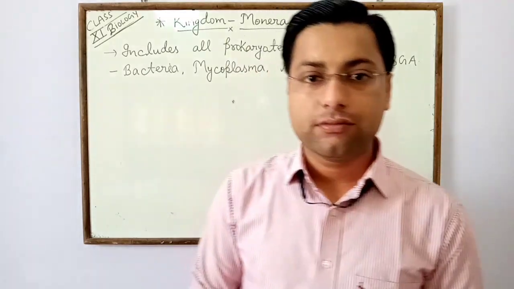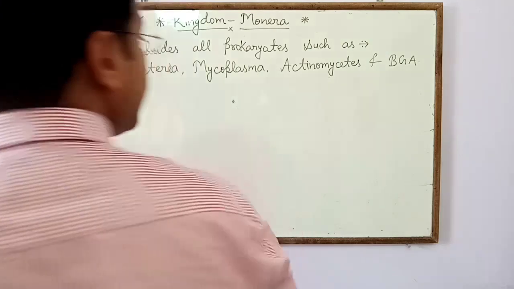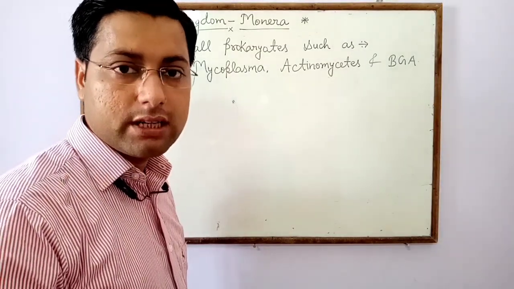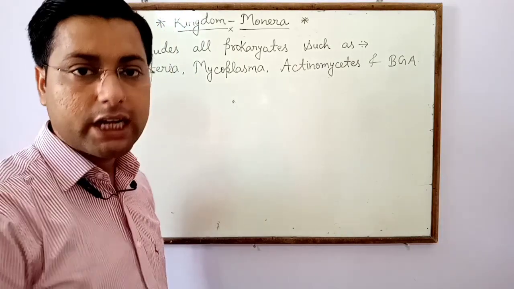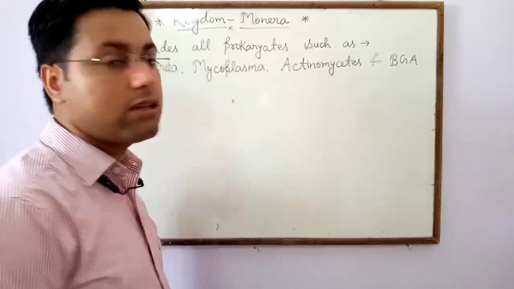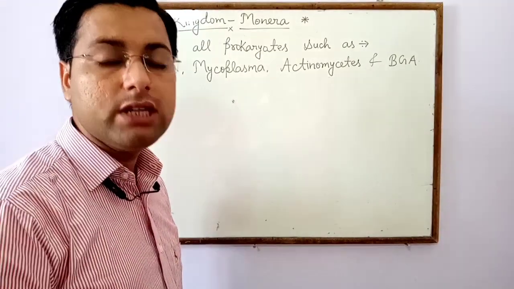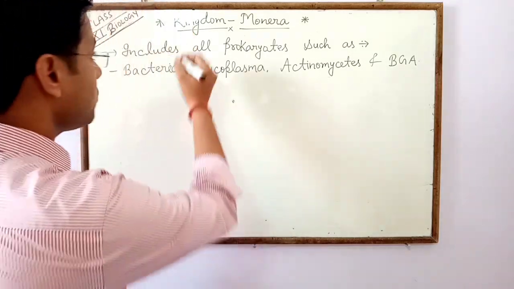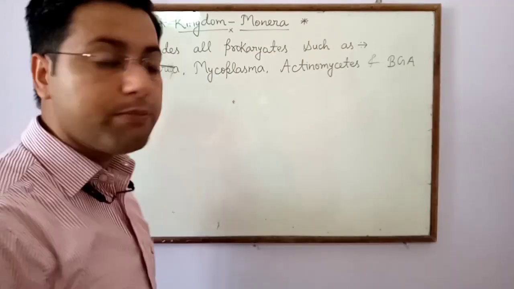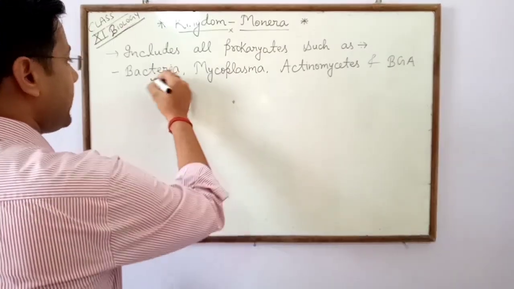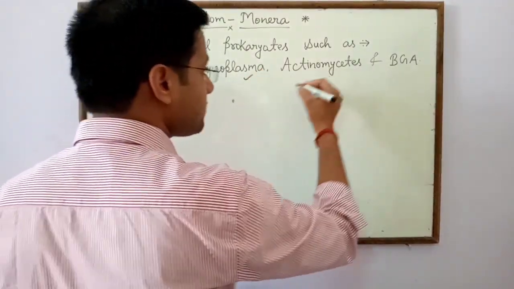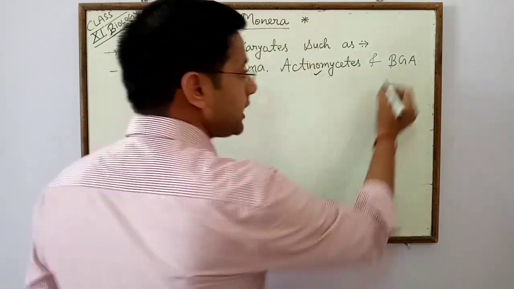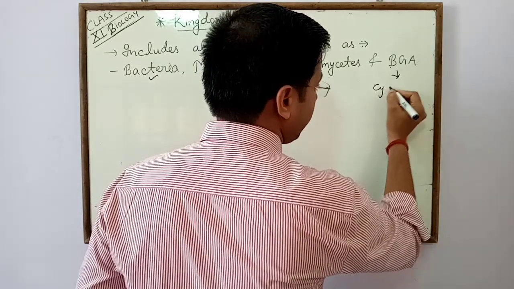So Monera includes all prokaryotes, means all the prokaryotic organisms are kept under Monera because their nucleus is not well developed and they are unicellular, especially bacteria and cyanobacteria. So Monera includes all prokaryotes such as bacteria, mycoplasma, actinomycetes and blue-green algae, that is cyanobacteria.